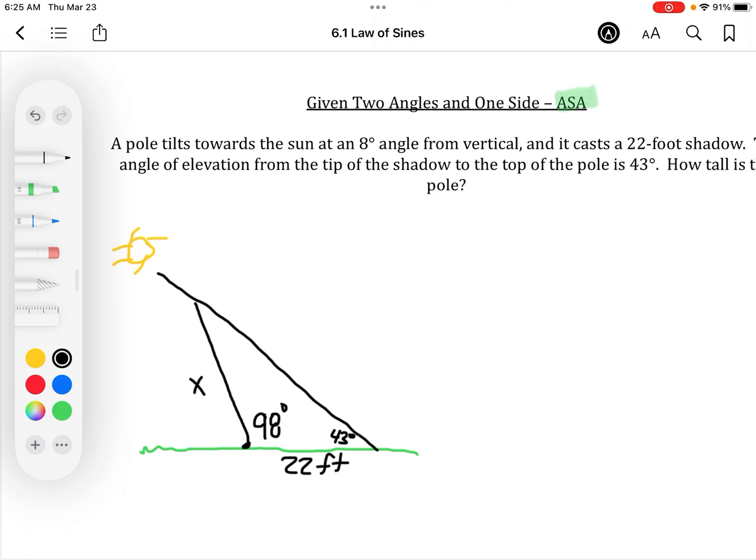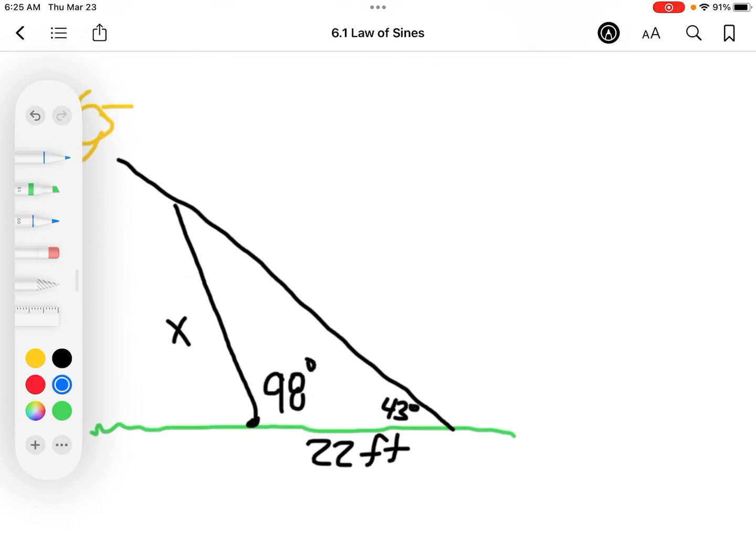So using this information, what we know, what we're looking for, what helps us here is, so far, I need to know a side length, and the good news is I know its opposite angle. So what I know for sure, if I want to find the side length, I would say x is to the sine of 43.